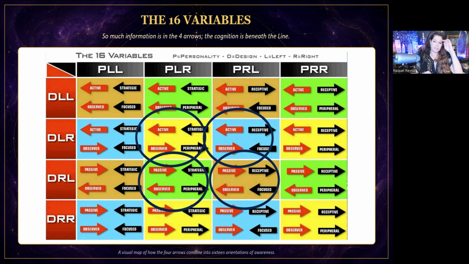But now we're in a time in history where we have arrows going in two different directions. We got a little left, we got a little right. And the thing that gets confusing is, see, it could be like PRR here, which is the personality right, which means that the mind is to the right. So both of the mind is operating to the right, while the left, which is the design, is operating to the left.